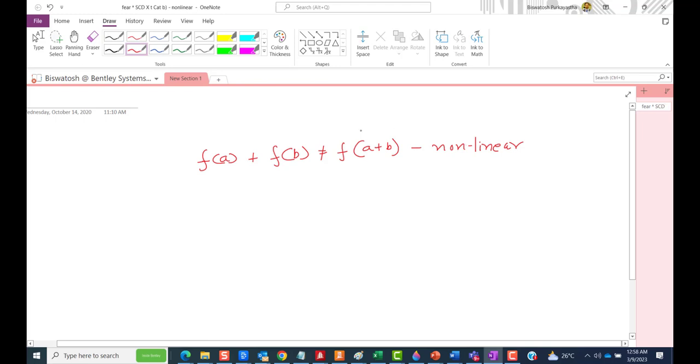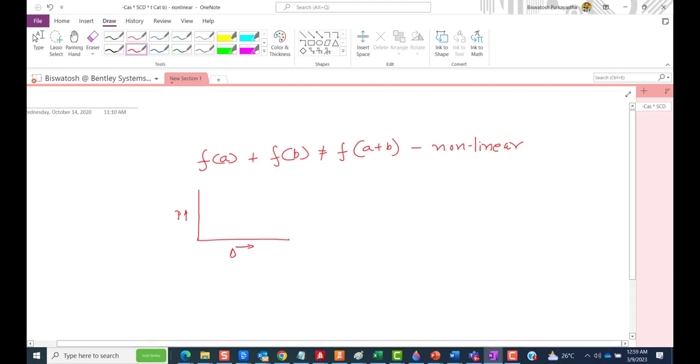So what are the different situations where you may consider the structure to be behaving non-linearly? Now let's plot a graph here. This is a displacement axis and this is the loading axis, where loading means the one inside this parenthesis.